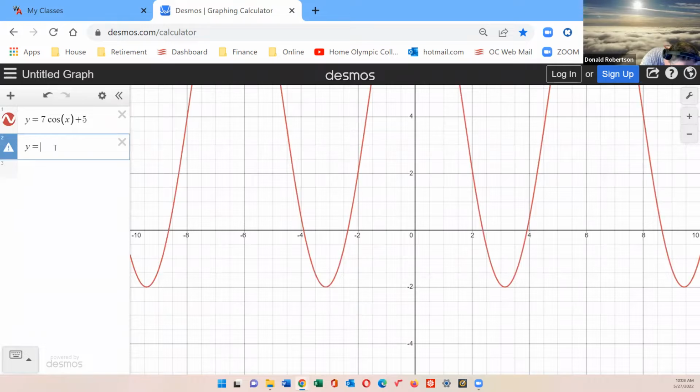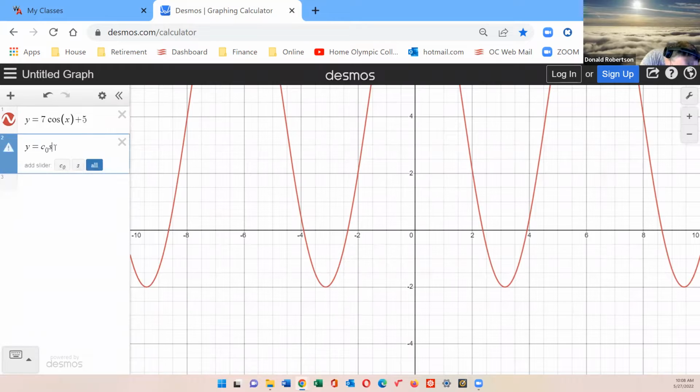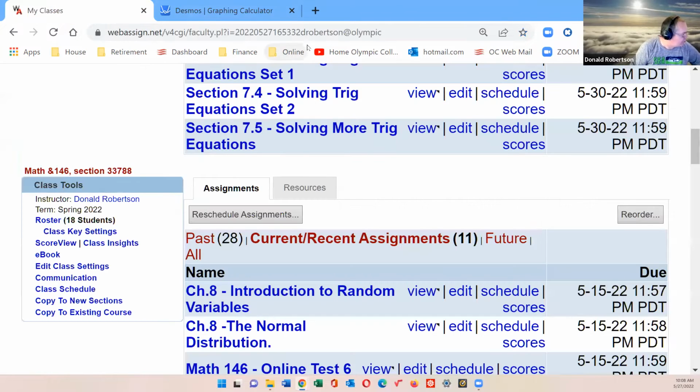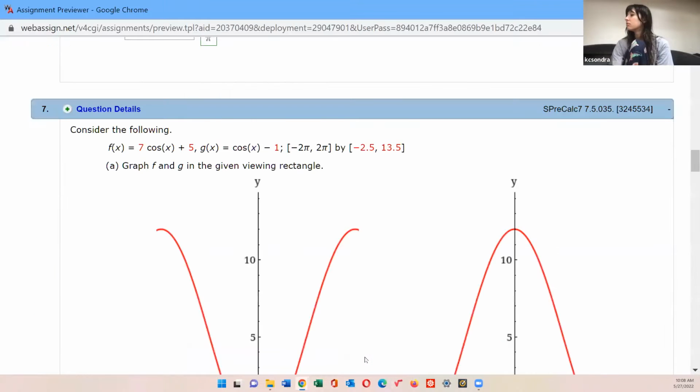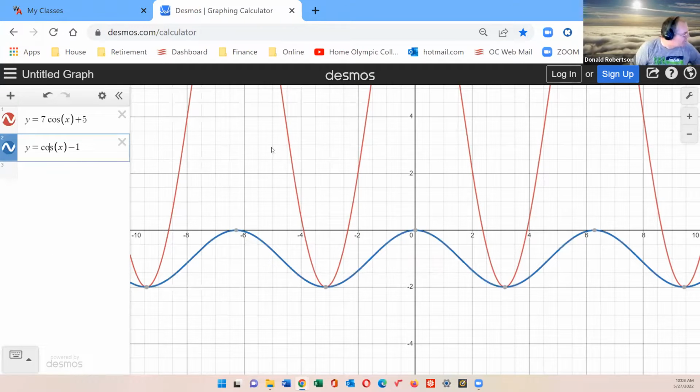And y is going to equal cosine x take away 1. Let me just double check that question. It sounded like I misread it. No, it's right. Okay, it just looked wrong. I've done something weird here. That's not what I was looking for.